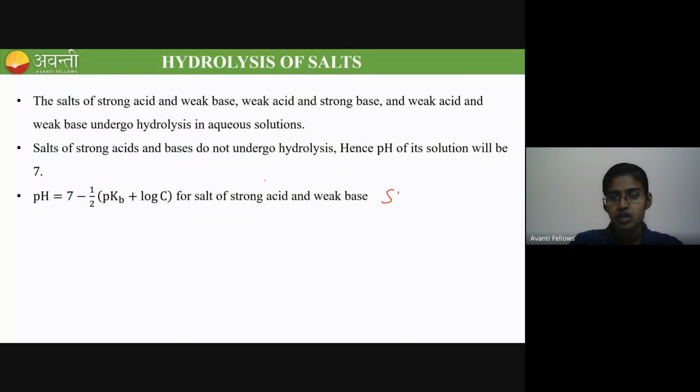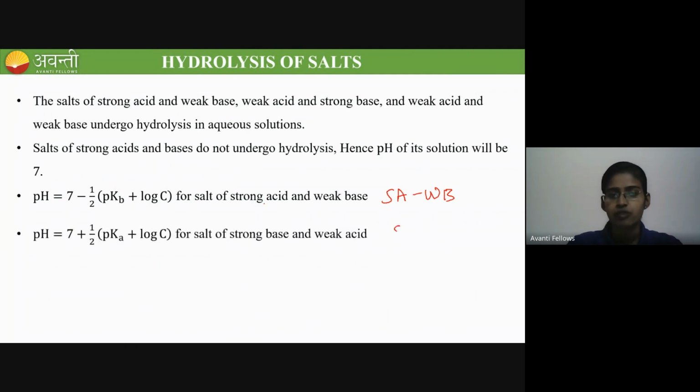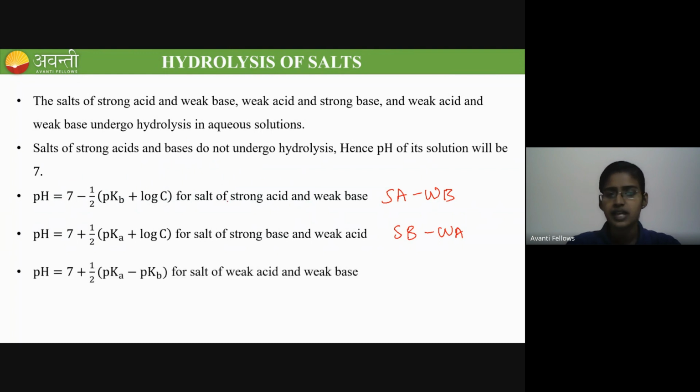Now if I want to find out the pH for the first combination, that is for strong acid and weak base, I have to use this formula: 7 minus 1 by 2 (pKb plus log C). C is nothing but the concentration. And for the second combination, for strong base and weak acid, I have to use the same relation; instead of minus, you put plus. The third relation is weak acid and weak base.